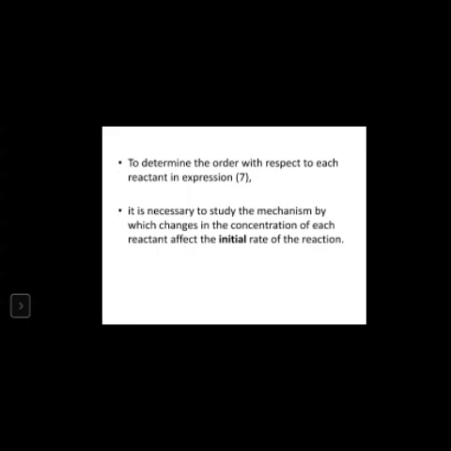Okay, so how do you determine equation 7? I told you that equation 7, whether 7A or 7B, has to be determined experimentally. So what do you do? You can see from the slide before you, it is necessary, very necessary, to study the mechanism which changes the concentration of each of the reactants after the initial rate of the reaction.